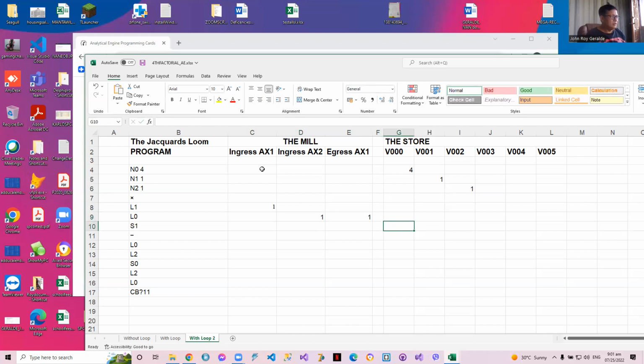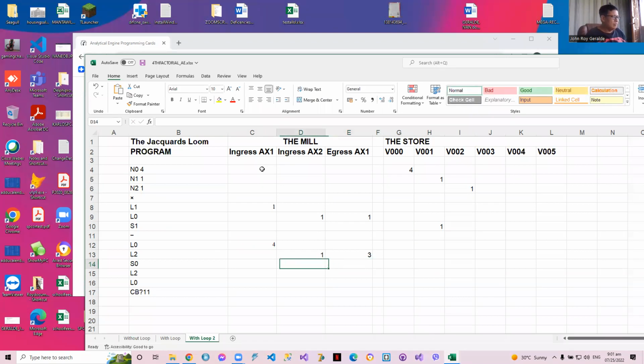S0, this becomes 1. No, S1. And then this is a different version. L0, this becomes 4. L2, this becomes 1. It can't be, because this becomes 3.